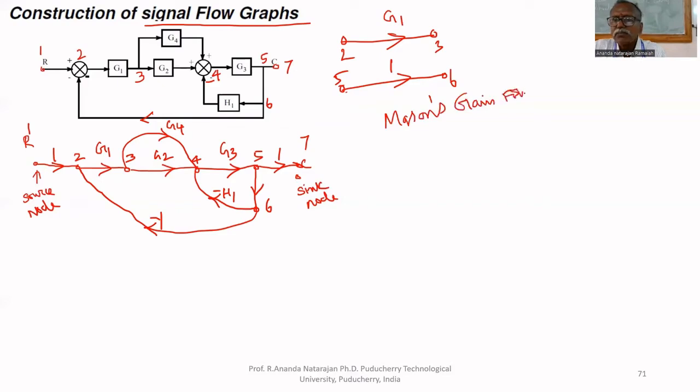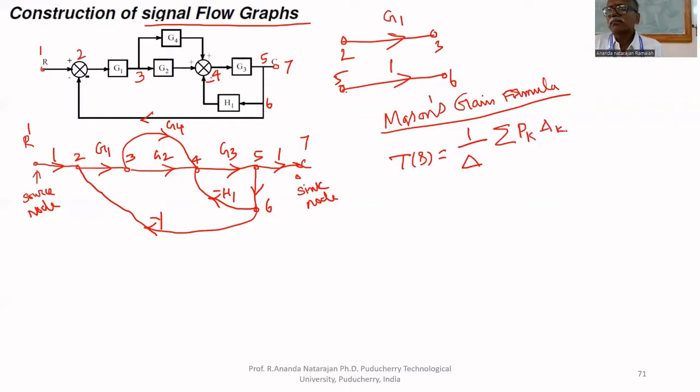The transfer function T(s) equals 1 upon delta, sigma Pk delta k. That is the formula: sum of Pk delta k, 1 upon delta sigma Pk delta k.